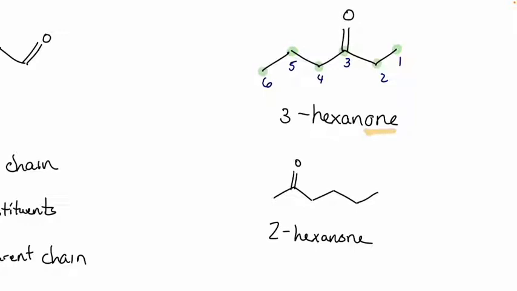I'm going to put my ketone functional group, that carbonyl bond, on the 2nd carbon. That would be 2-hexanone. If you put it on the second from the last one, that would be equivalent, right? If I take this molecule and flip it over like a pancake, it's the same molecule.